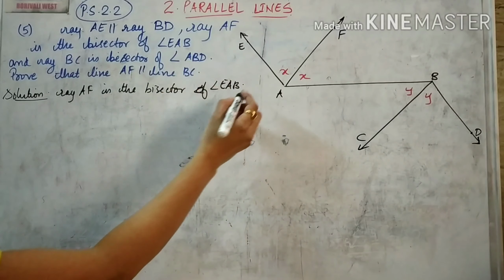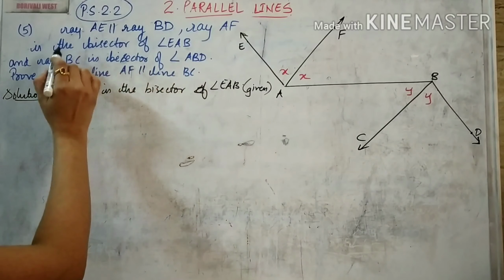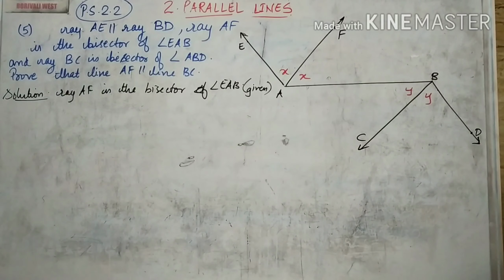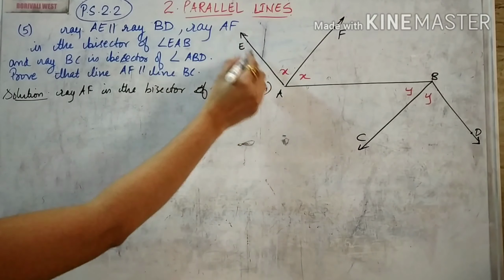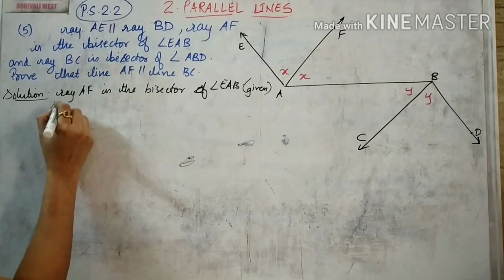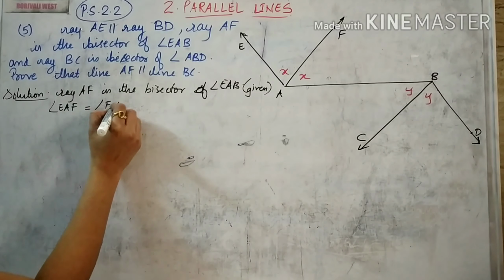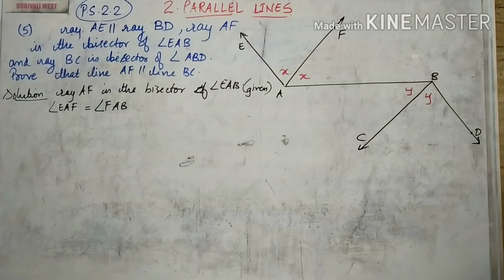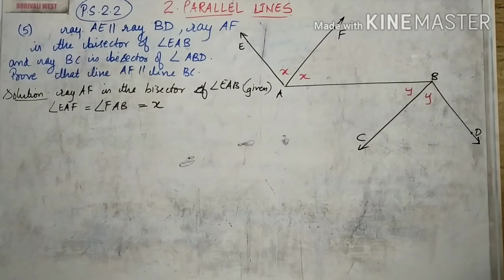This is given to us. The sentence which is given, I write down here. Then because this is a bisector, I will say angle EAF is equal to angle FAB. Can I name it as X? I'll name it as X degrees.